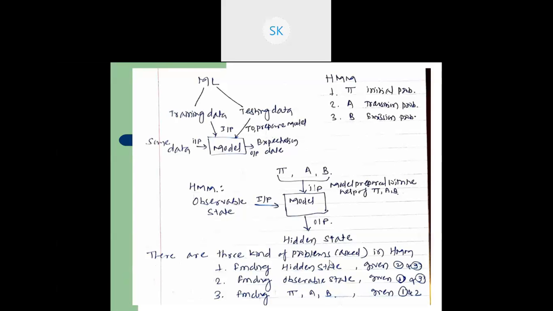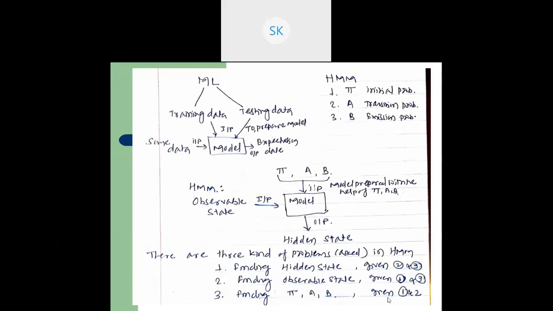There are three kinds of problems that need to be understood with respect to the hidden Markov model. First, finding the hidden state given 2 and 3, that is the transition probability and the emission probability. Second, finding the observable states given the initial probability and the emission probability.